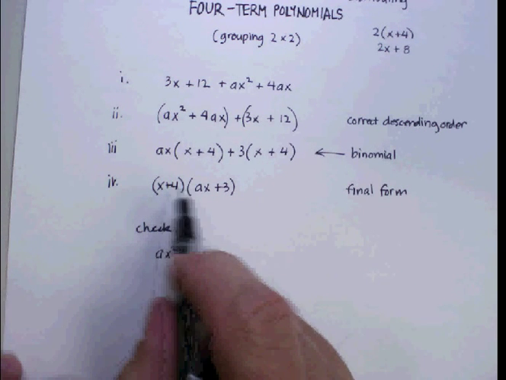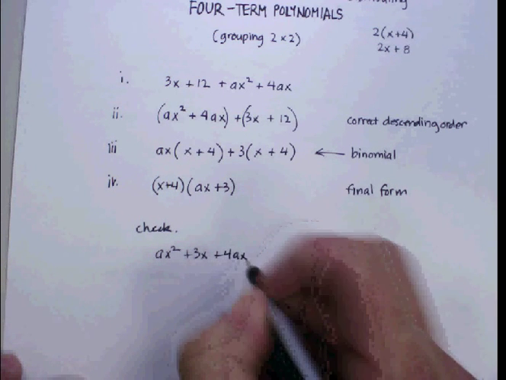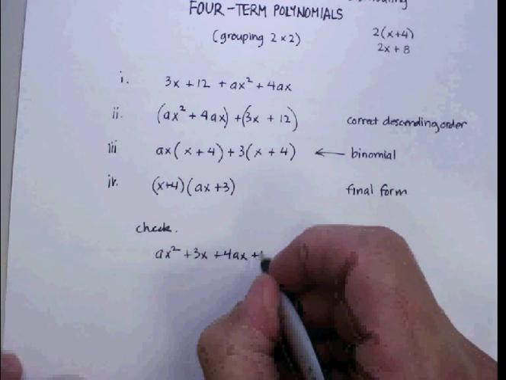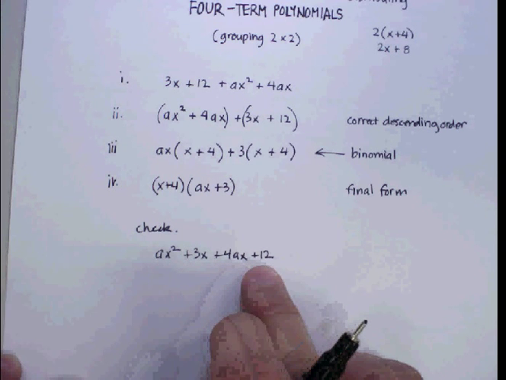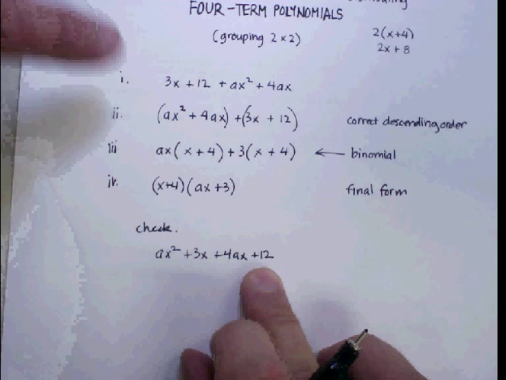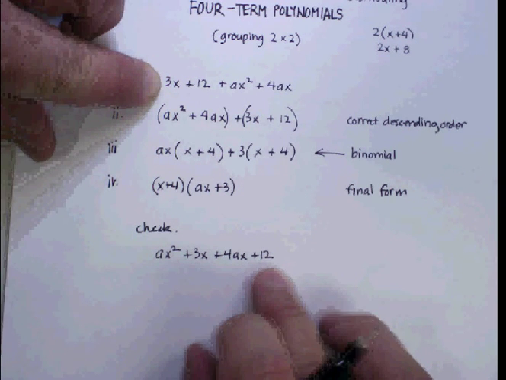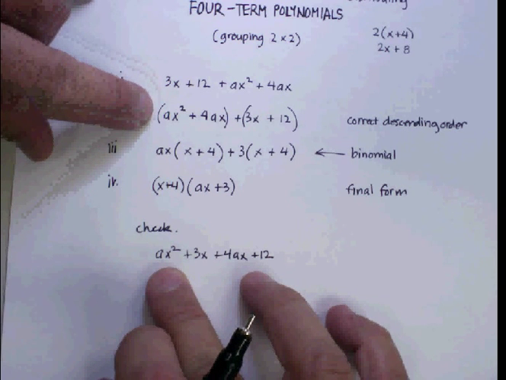What's 4 times ax? It's plus 4ax. And finally, what's 4 times 3? It's plus 12. And if you'll notice, that is the same thing as my original, except it's not in the same order. But that's okay, because I can use the commutative property to move things around and put it in correct descending order.